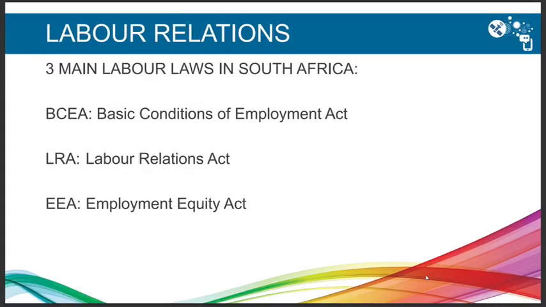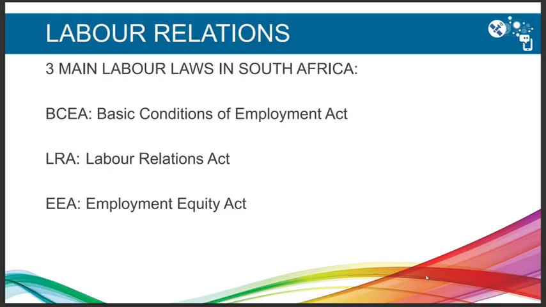Right. Our last section that we're going to look at is labor relations. Now, there are 3 main labor laws in South Africa, and these are your Basic Conditions of Employment Act, known as the BCEA, your Labour Relations Act, known as LRA, and the Employment Equity Act, known as EEA.